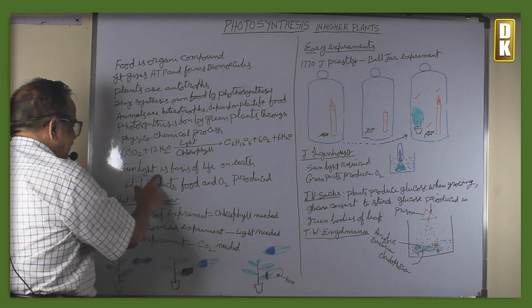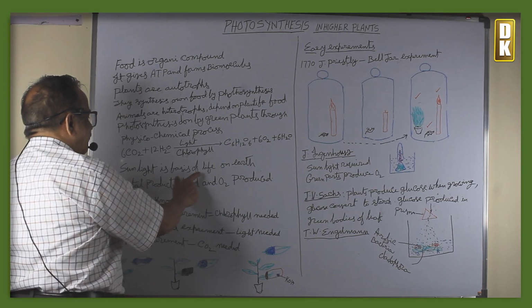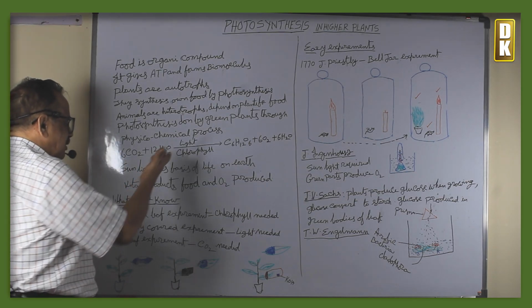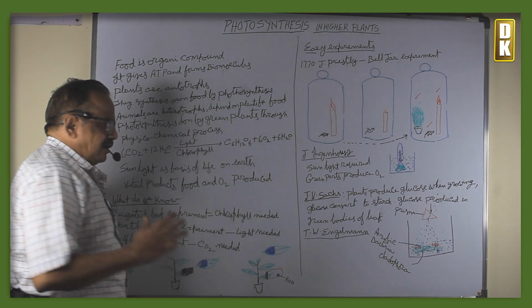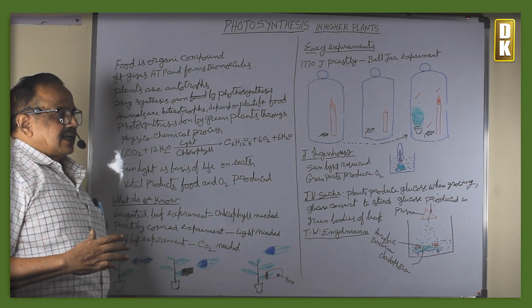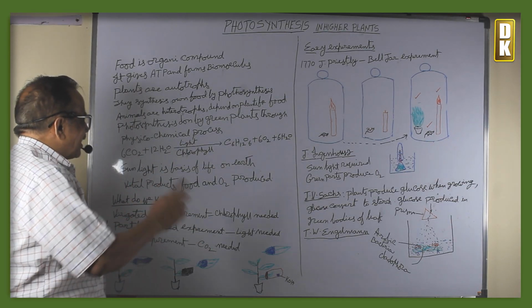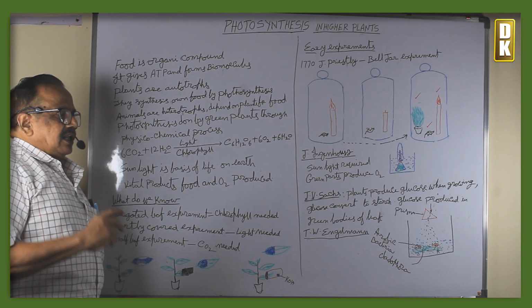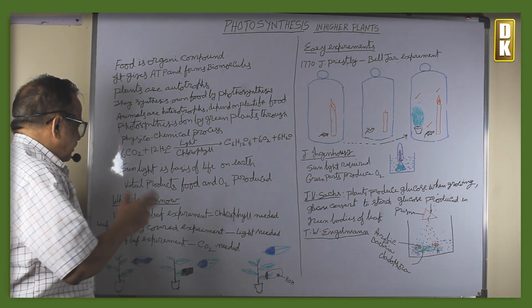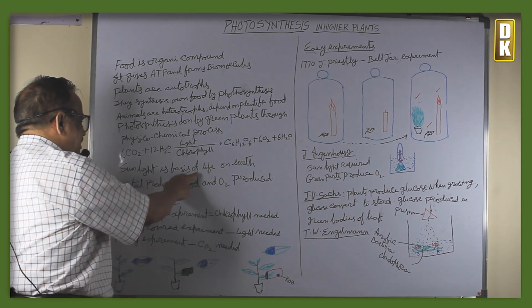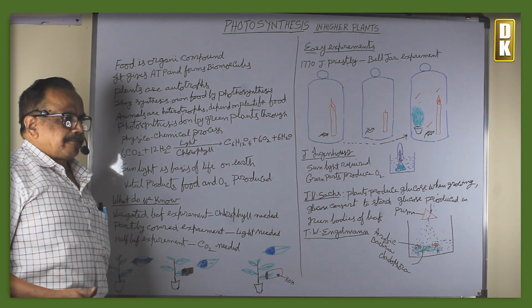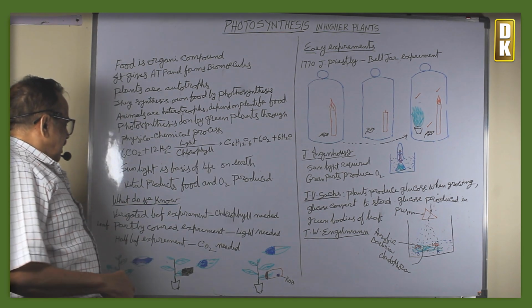So sunlight is the basis of life on earth because it is useful food material not only for the plants but also for the heterotrophs dependent on the plants. So overall, for life, all the living organisms depend on this.